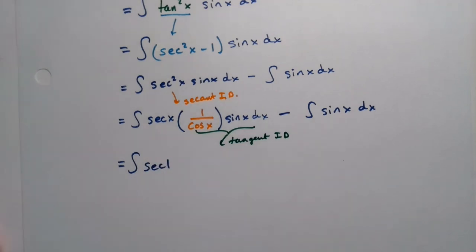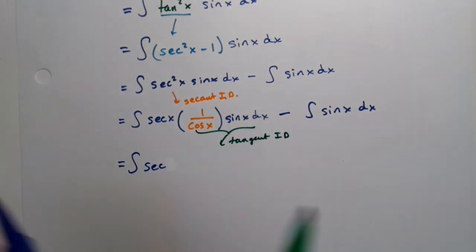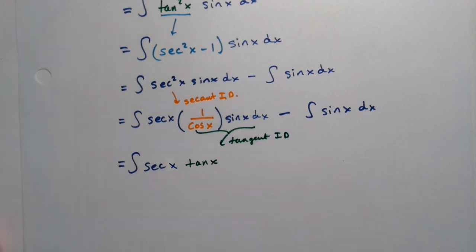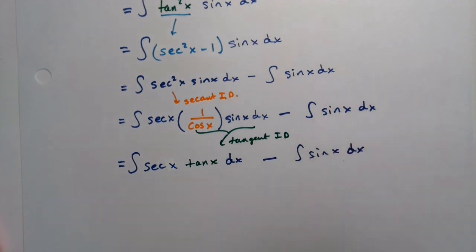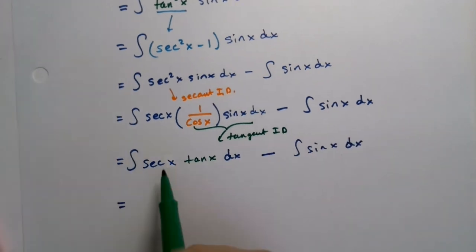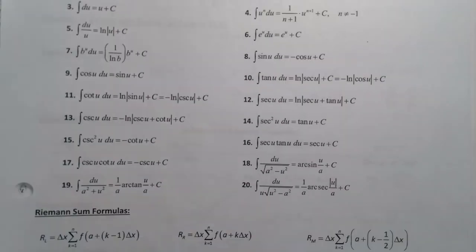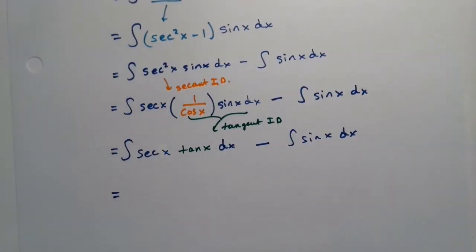Secant of x, tangent of x. And that should be setting off little bells in your head because you know that integral, minus the integral of sine of x dx. Secant of x tangent of x, we know that integral, right? That integral is one from the basic sheet from Calc 1. It's right here. So this is number 16 on the quick reference sheet.